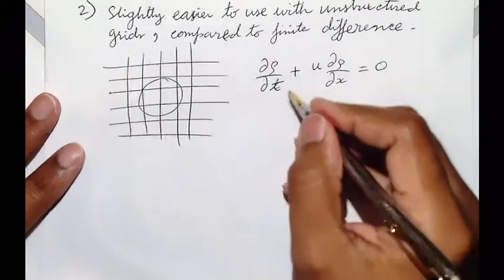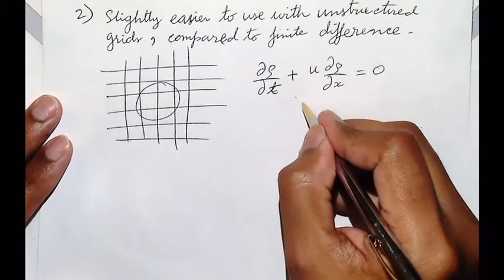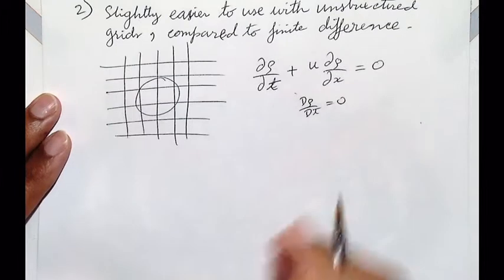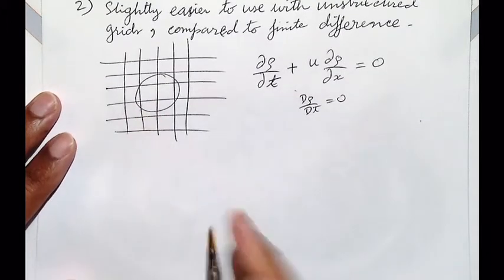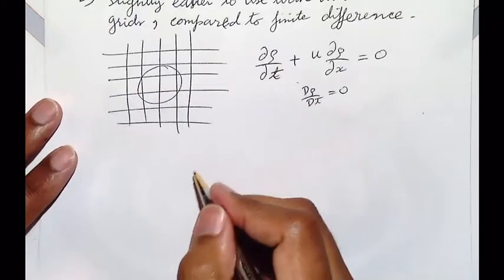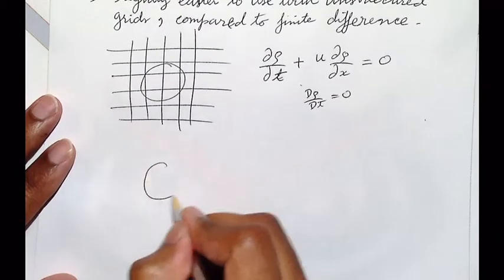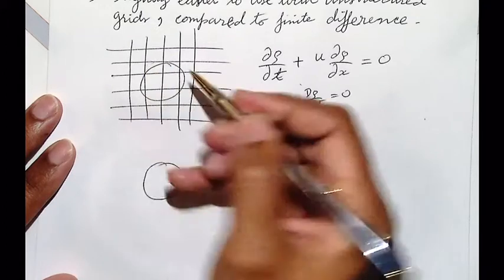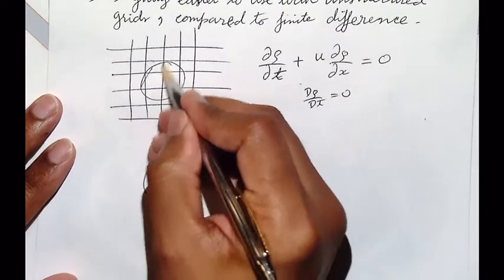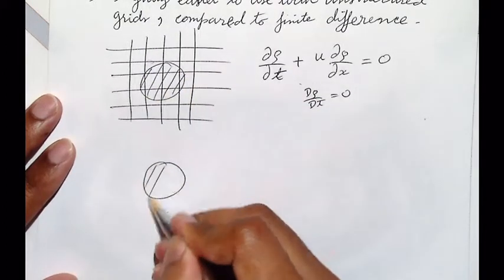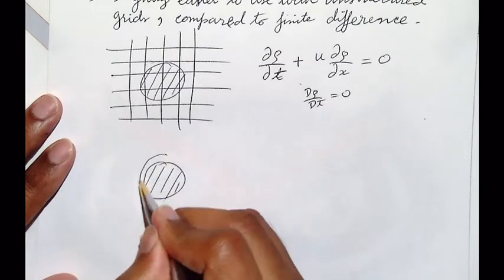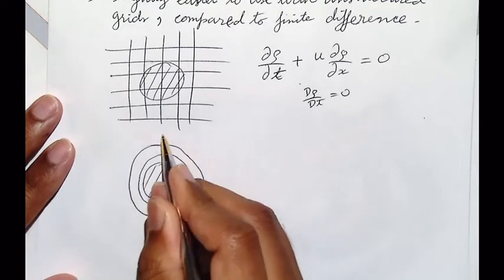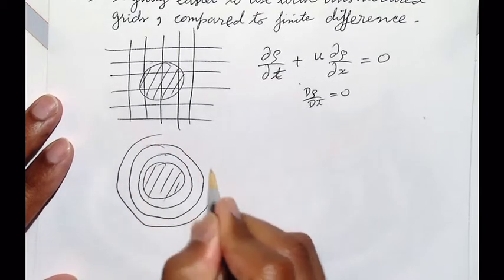Let's say this would be the d rho by dt equals 0 term. But if you have a nice body-fitted grid where you say, okay, no, this gives me too much uncertainty at the boundary cells, what I want to do instead is create a mesh that has cells that fit the contour of the body.